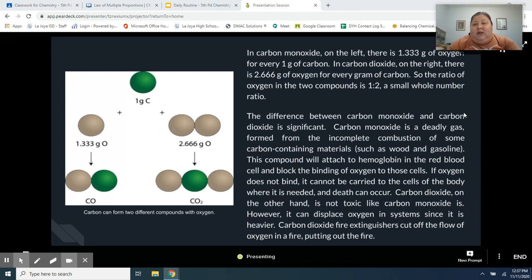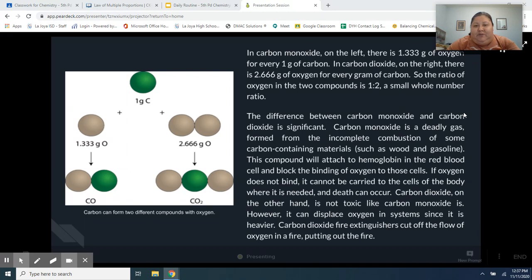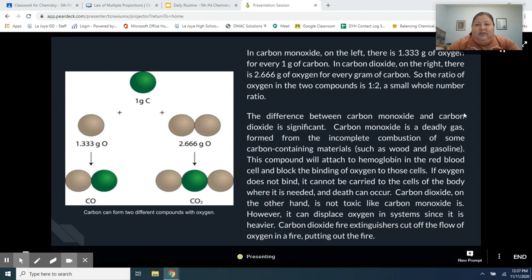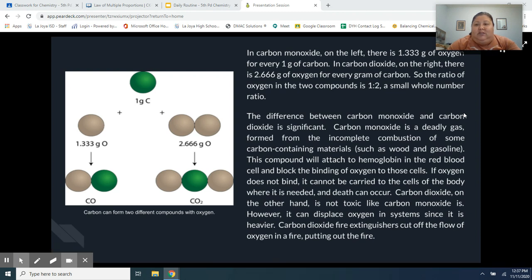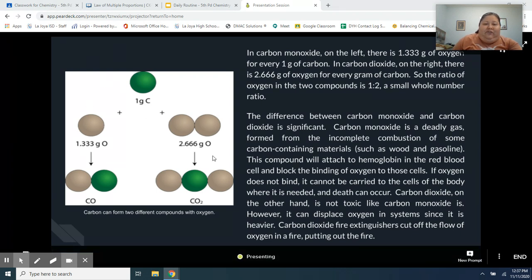All right. In carbon monoxide on the left, we're talking about the left side of this photo, there is 1.333 grams of oxygen for every 1 gram of carbon. We saw that. We understand what they're trying to tell us. In carbon dioxide on the right, there are 2.666 grams of oxygen for every 1 gram of carbon. So the only difference between these two compounds is not carbon, so we're not really going to take that into account.